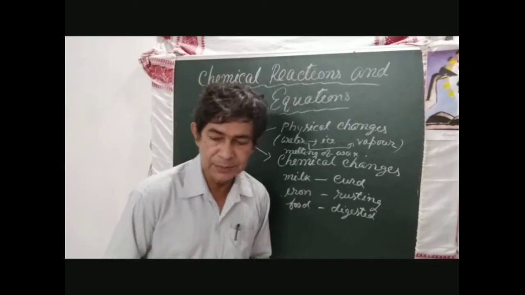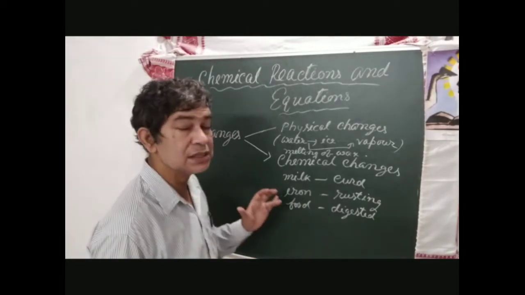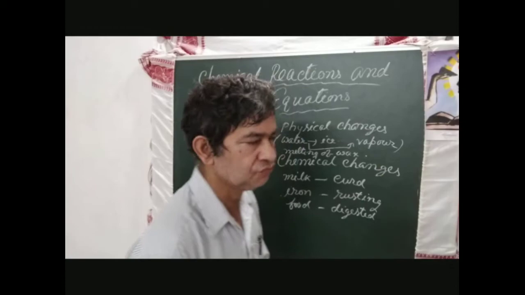So these two types of changes are discussed here, and we will concentrate our study on the second type, which is chemical change. I also want to remind you that due to chemical changes, a new product, a new thing, is produced.